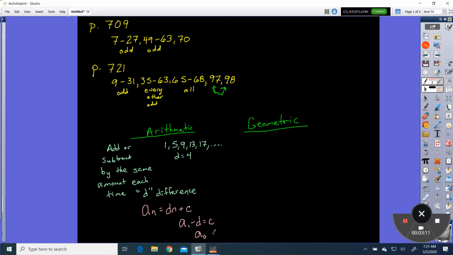So it's the term before the first term. So that's what C is.